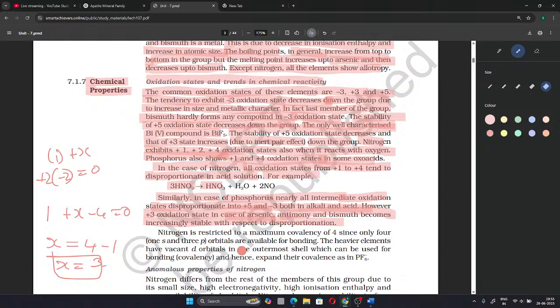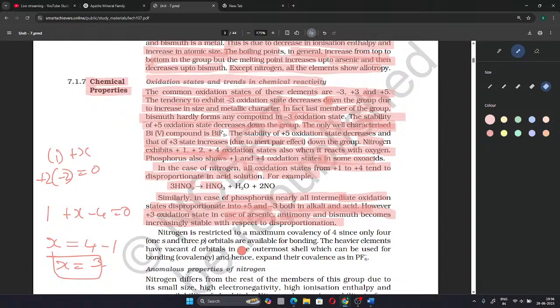In case of nitrogen, any stage between +1, +2, +3 and +4, nitrogen tends to disproportionate to give an acid, a nitric acid solution, whereas in case of phosphorus groups, all intermediate oxidation states, any oxidation state except +5 and -3, all these states will disproportionate into +5 and -3.